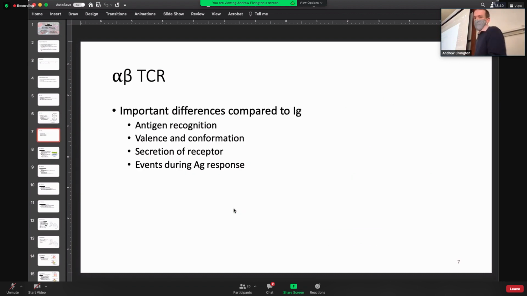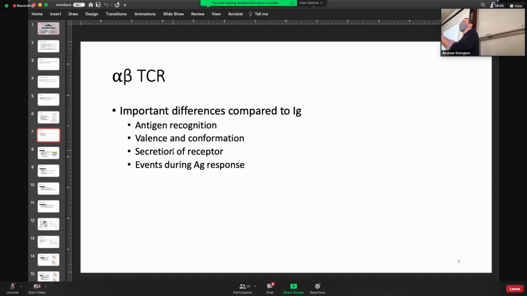So when we compare immunoglobulins to T cell receptors, we can compare them in 4 key places. Ability to recognize antigen, their valence, so kind of their overall structure, how they're put together, how they're stuck out on the membrane, and whether they're secreted.